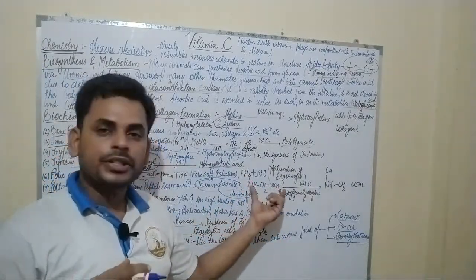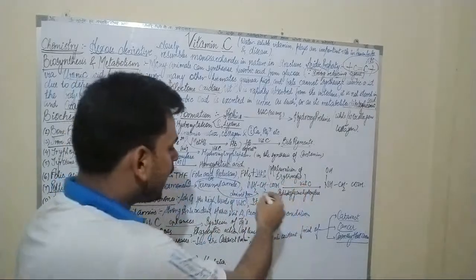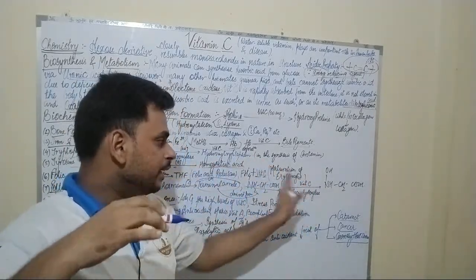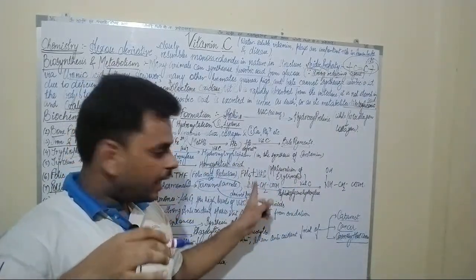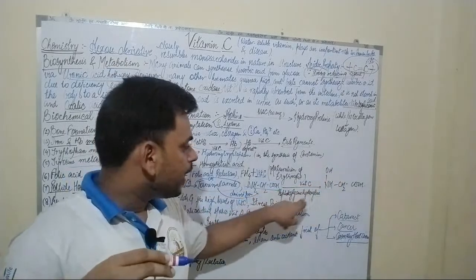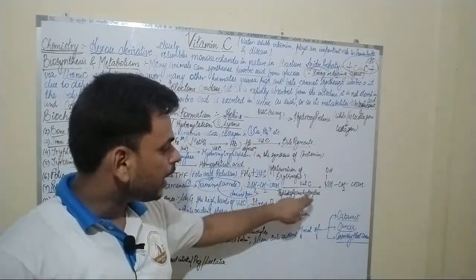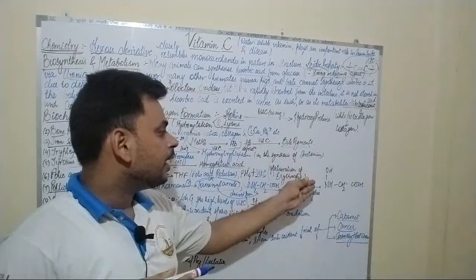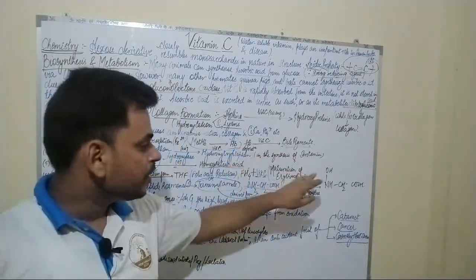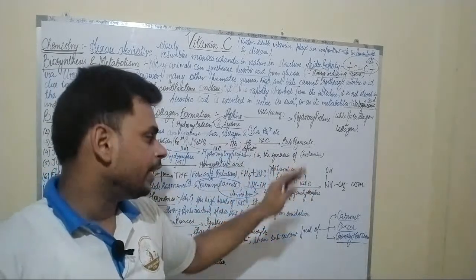The chemical structure of glycine is NH2CH2COOH. The amide terminal of this glycine gets hydroxylated in the presence of the enzyme peptidoglycine hydroxylase, in the presence only and only of vitamin C, which is very essential for its hydroxylation.